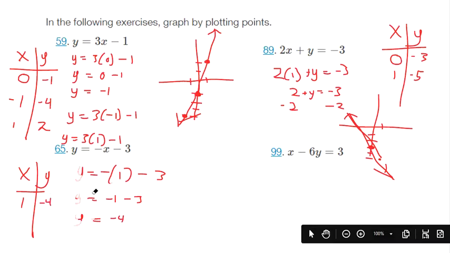And then if I wanted to plug in maybe 0, 0 is one I always like to plug in. It just seems to make everything simpler because -0 we can simplify by just saying 0. So if I plug in 0 for x, 0 minus 3, y equals -3.